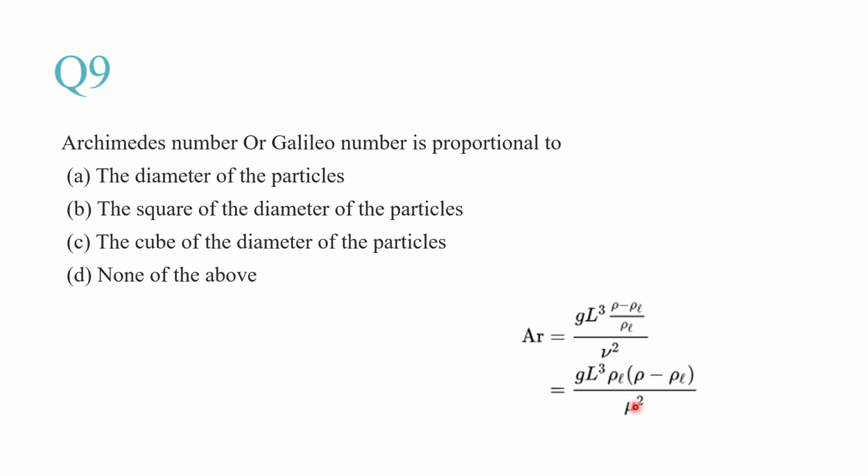Since we are dealing with particle flow here, L should be d_p. So the Archimedes number is equivalent to g d_p cubed rho_L times (rho_P minus rho_L) divided by mu squared.